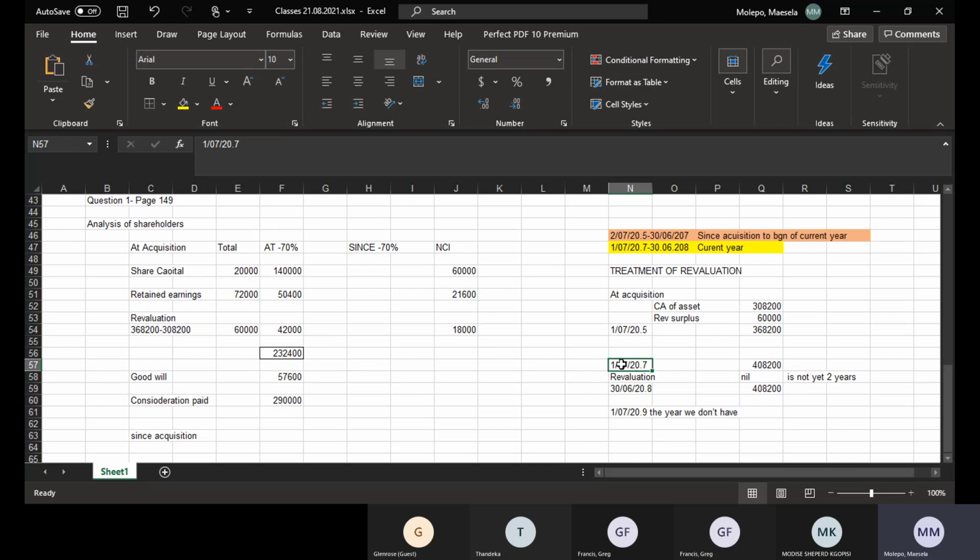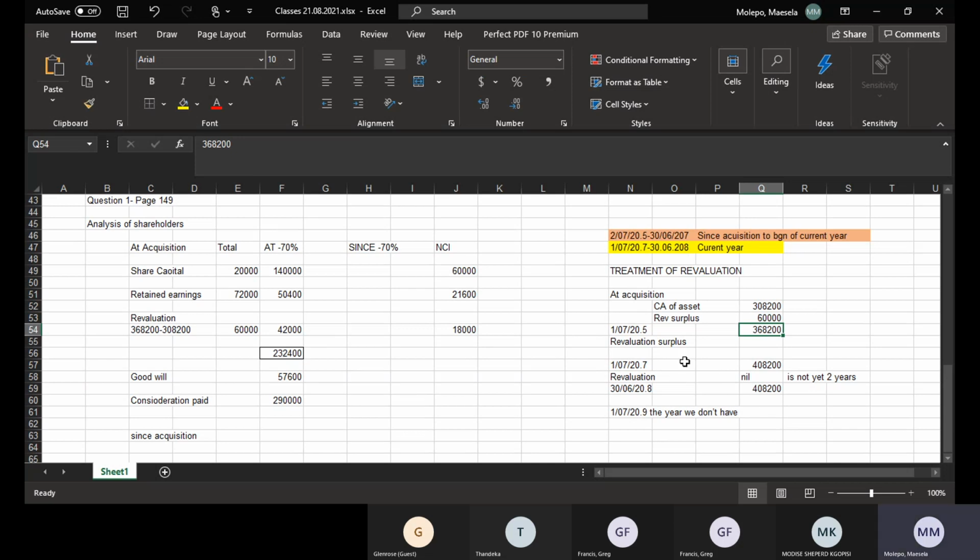Instead, our revaluation is going to be on our since acquisition, which is the date here, up to the beginning of the current year. So the beginning of the current year is 1 July 2007. So our revaluation surplus is going to be the 408 minus the 368.